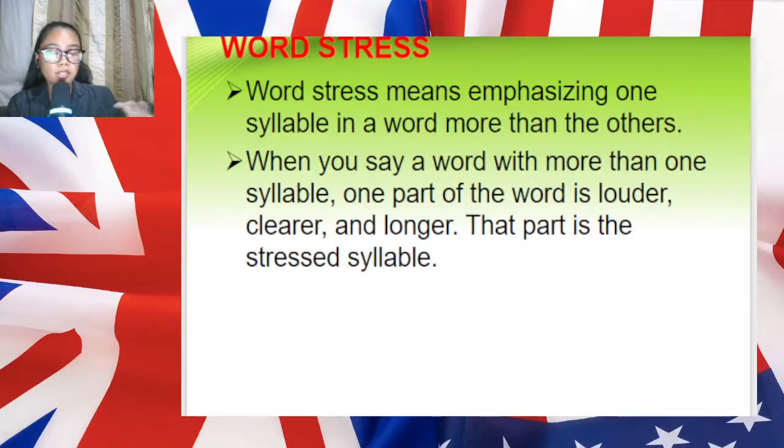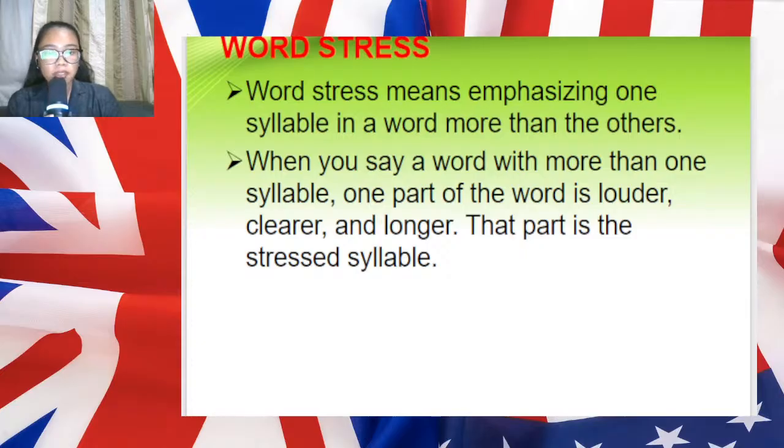We don't pronounce each syllable with equal energy. One part of the word naturally stands out. It's the one we say with more volume, a little more length, and much more clarity, stronger than the other syllables, which we pronounce more softly and more quickly.